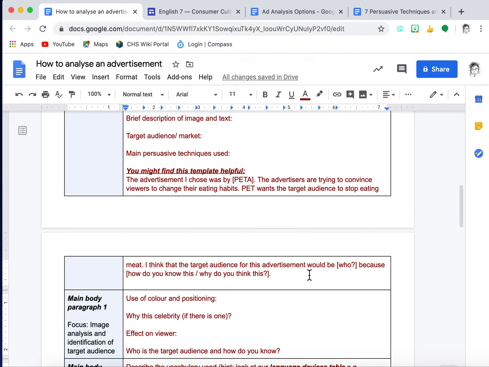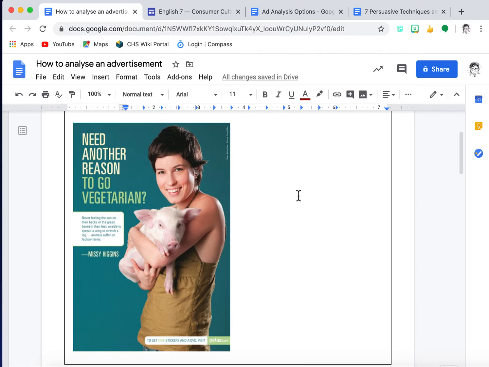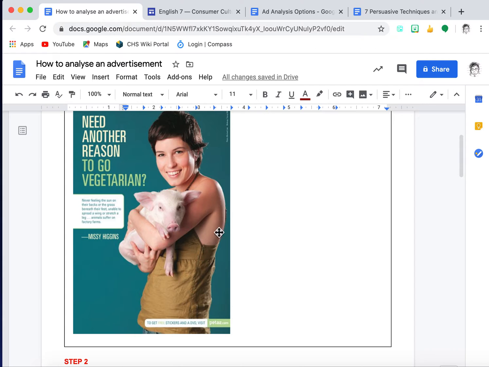I think that the target audience for this advertisement would be, now this takes a little bit more thought and critical thinking, because you've really got to be looking at who this ad is targeting. It's pretty gentle, but also it's appealing to the viewer because it's got this cute pig, and of course we wouldn't want to eat that pig.